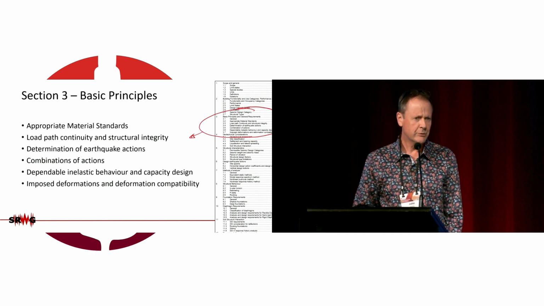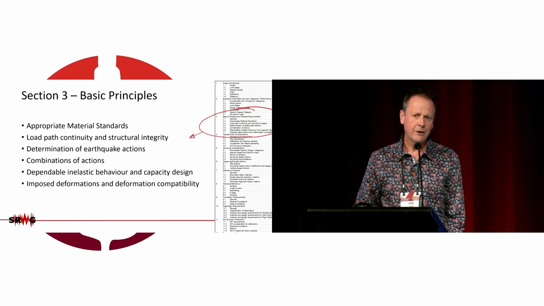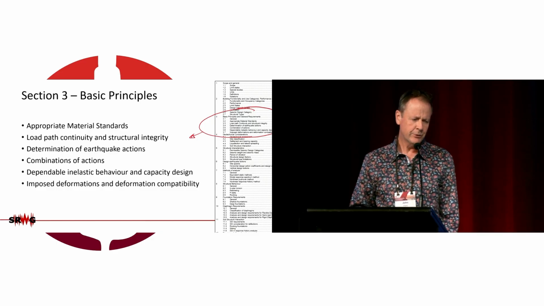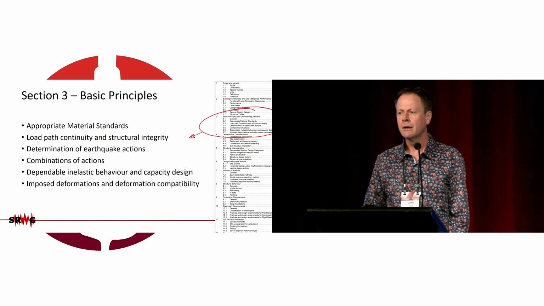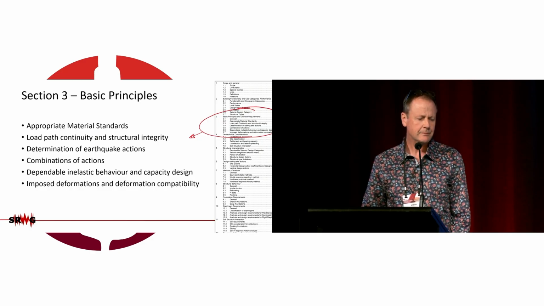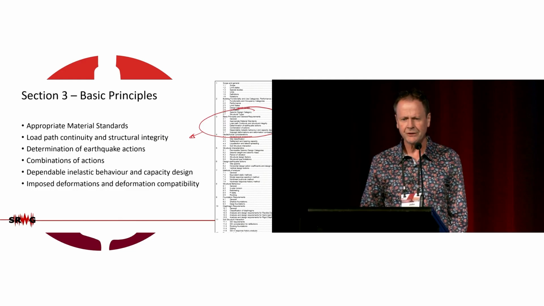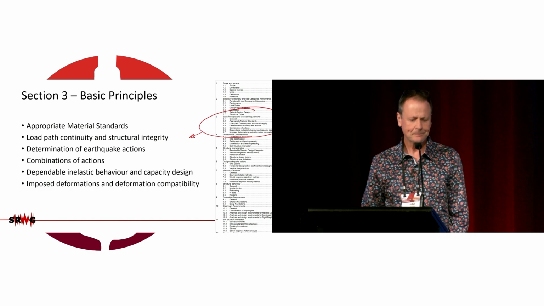There'll be the usual material about how you determine the earthquake actions and combine them, and further description about how those types translate through into how we establish dependable and elastic behaviour and capacity design. This is the high-level principles, not the detail. The detail will come in later sections. And finally, a note there about imposed deformations and deformation compatibility to make sure that we are actually following that.